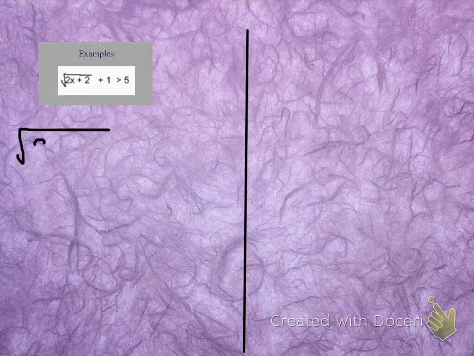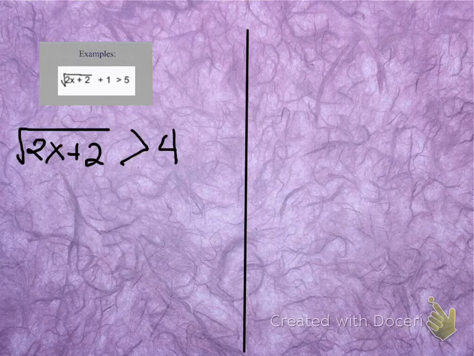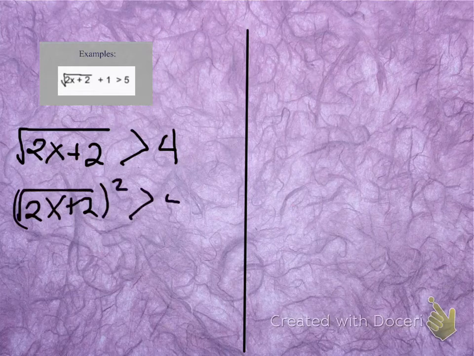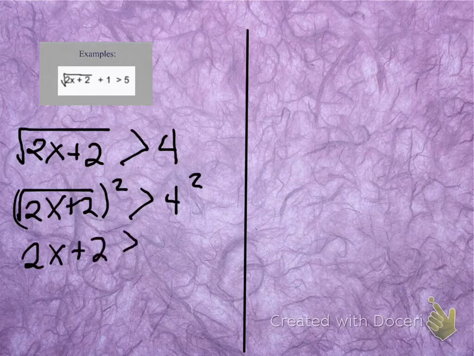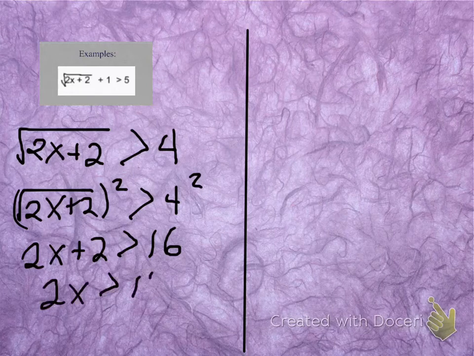Now, in this next example, the first thing I did was subtract 1 from both sides in order to isolate the radicand. Then I powered both sides by 2, since that's the index, in order to get rid of the radical. I then subtracted 2 from both sides, and then I divided by 2.